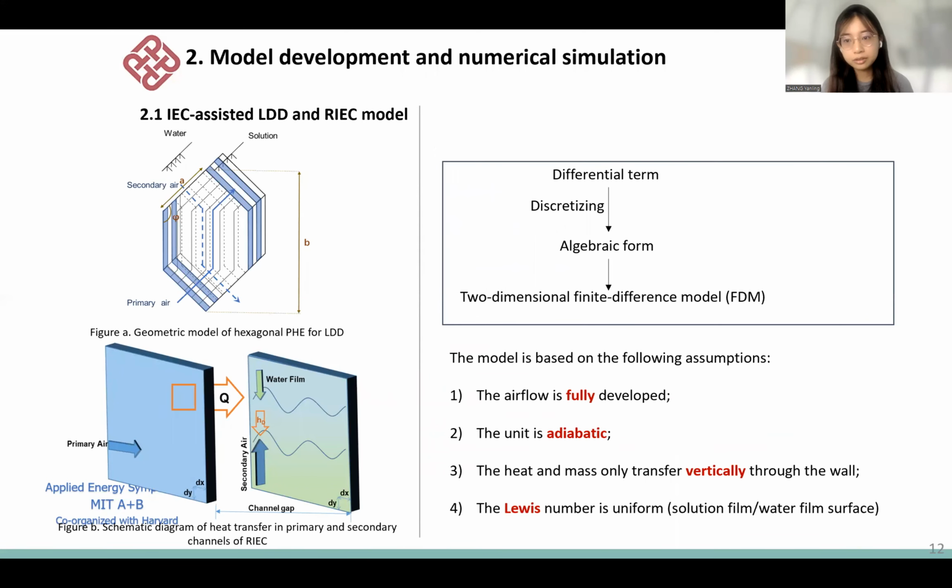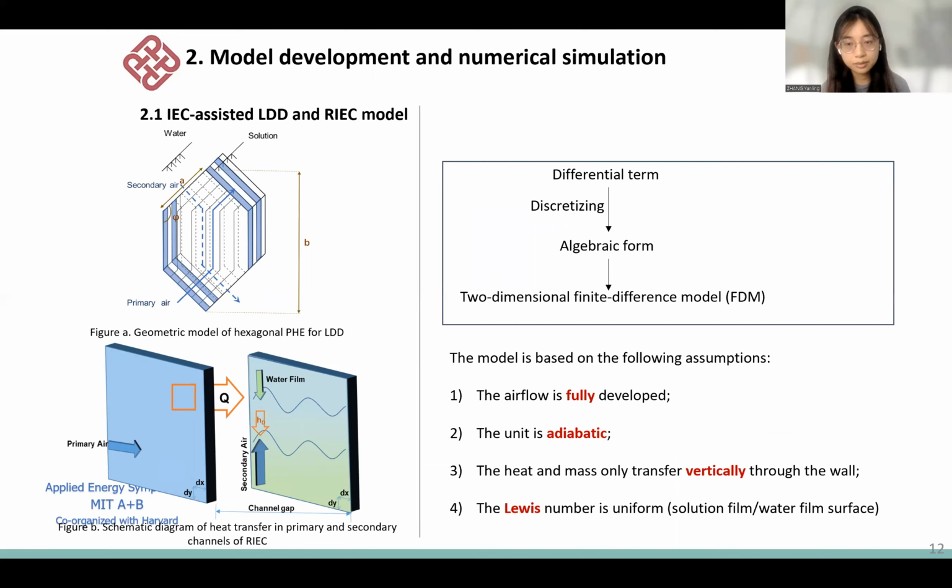Next is about the model development. Figure A and Figure B show the schematic diagram for LDB and RIEC. For LDB, the water and solution nozzles are arranged at the top.